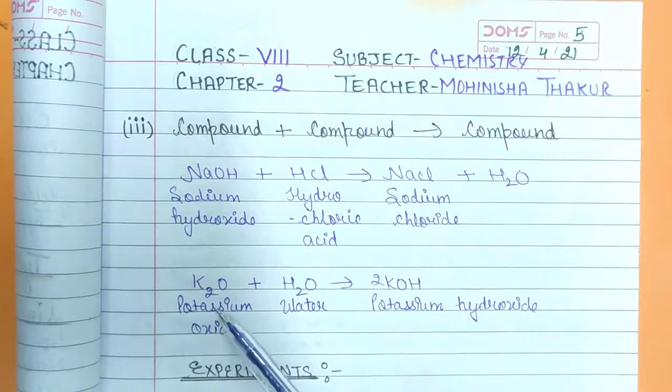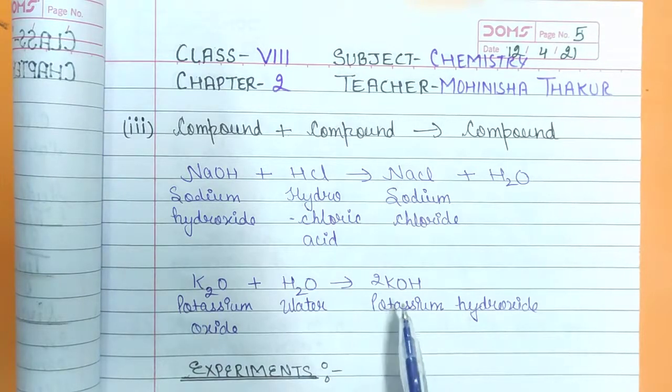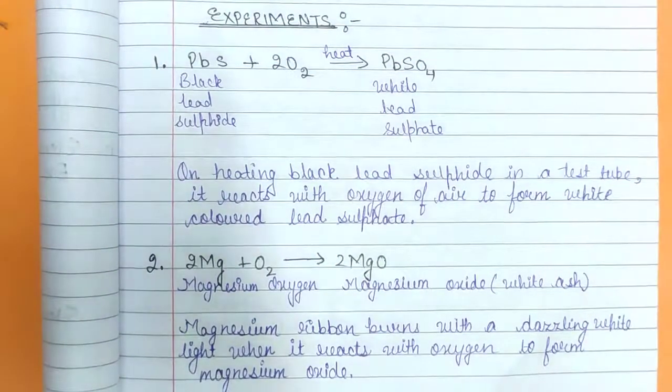Similarly, when potassium oxide reacts with another compound, water, they will form one product which is potassium hydroxide.